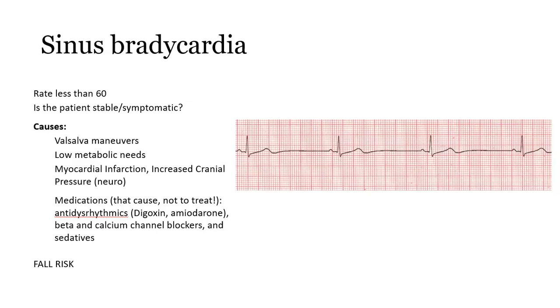Let's think about our patient that has bradycardia. So we've looked at the monitor, we see that they're in sinus brady. We have to assess our patient. Is our patient stable or unstable? By unstable, I mean, are they symptomatic? What kind of symptoms would we have if we had bradycardia? So if you're an athlete, if you're active, you may have a resting heart rate of 58 or 56.